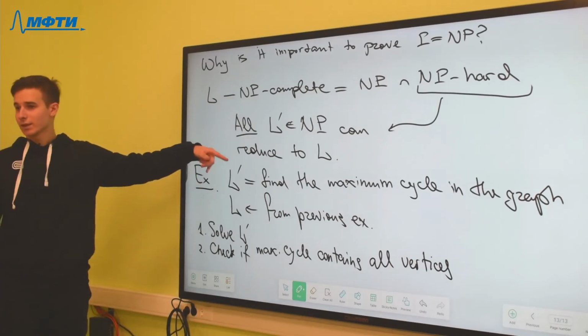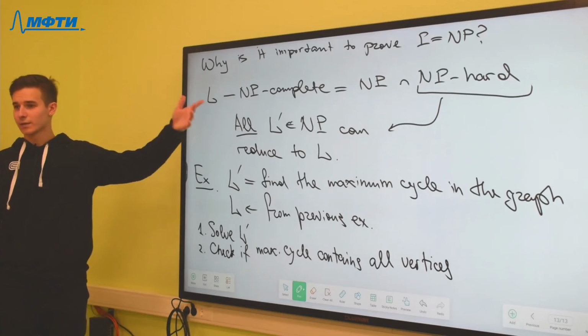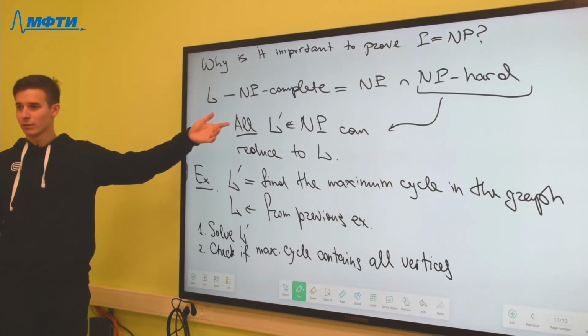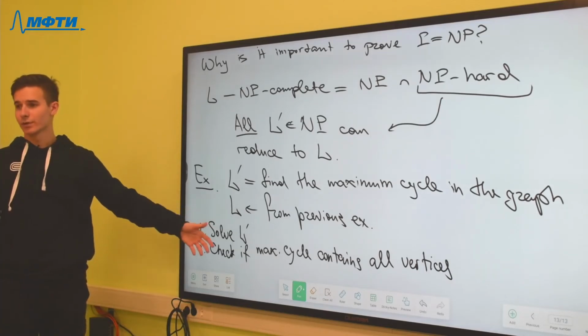If it contains all vertices, then we say that the graph is Hamiltonian. Yeah. Otherwise, we say that it is not a Hamiltonian graph.